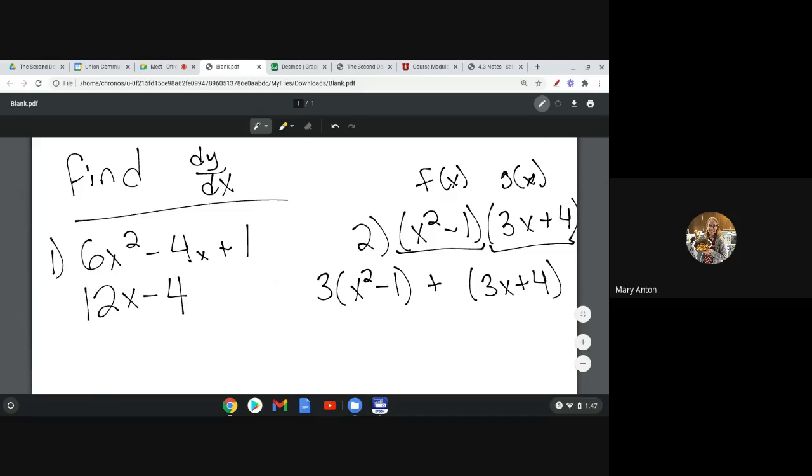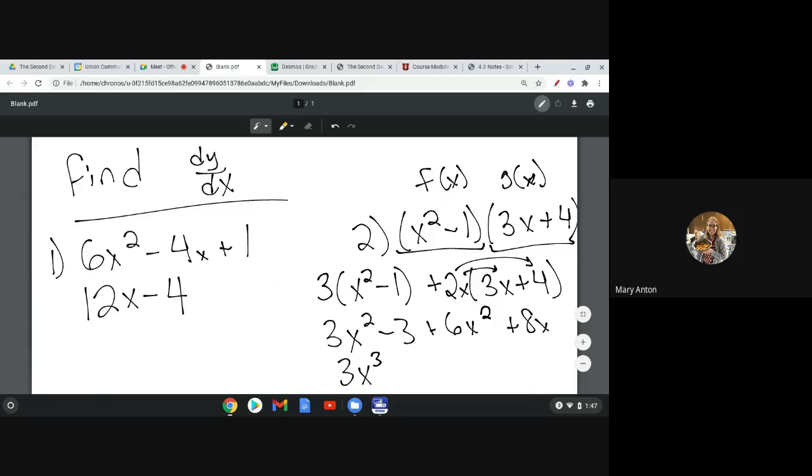What's the derivative of x squared minus 1? 2x. So this is 3x squared minus 3 plus 6x squared plus 8x. That's what 2x times 4 is.